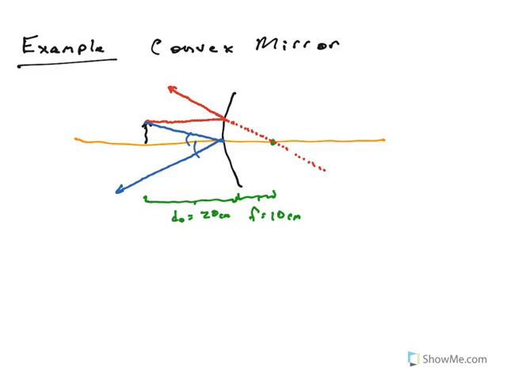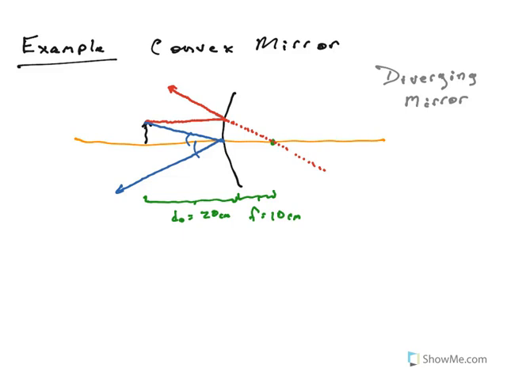Now notice something. The red line and the blue line never cross. On the left side, where all the light exists, those two lines are actually diverging. So this is called a diverging mirror, because the light rays, after they reflect, diverge from each other.